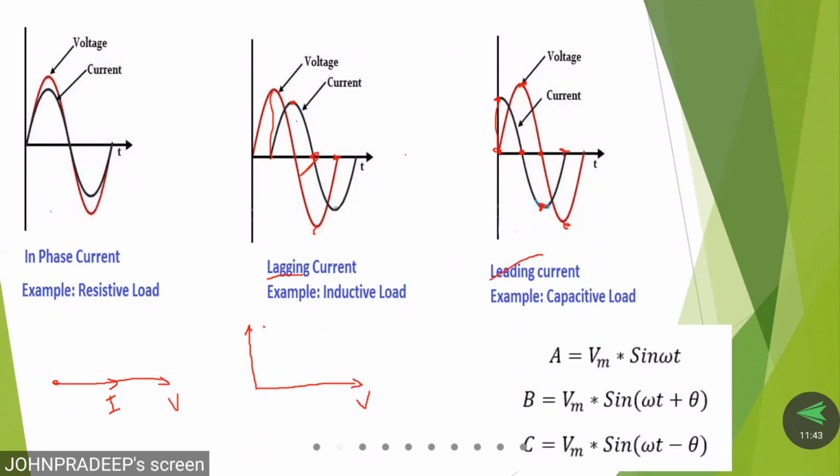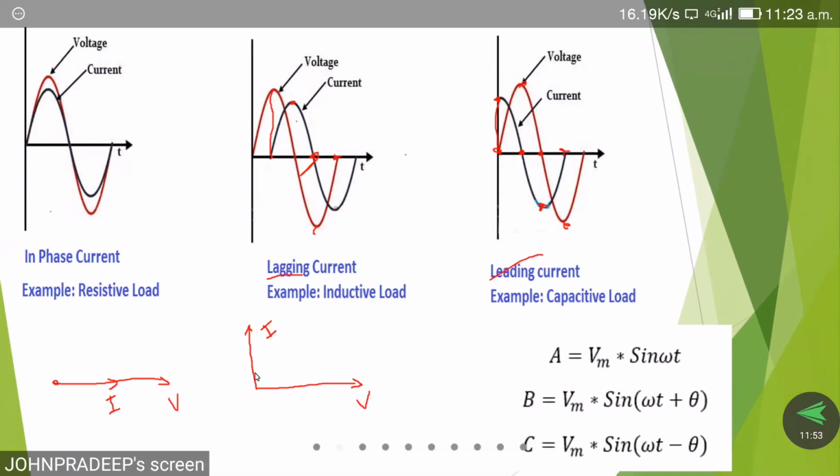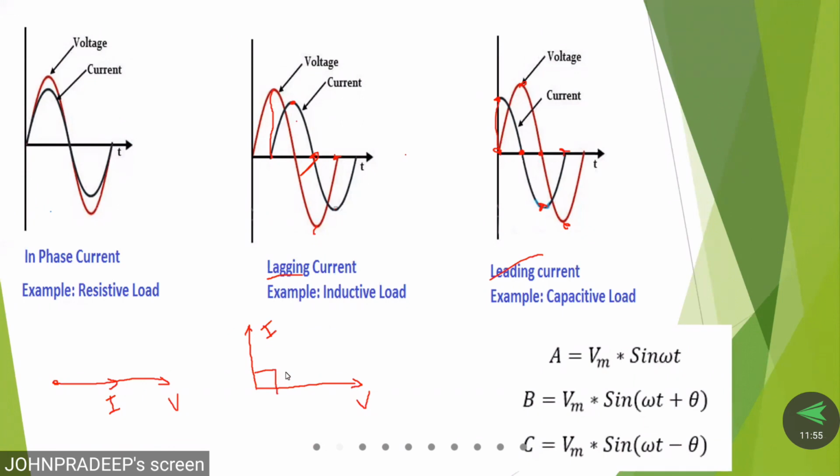The current I value lags with an angle of 90 degrees from the x-axis, which means the voltage is leading the current by an angle of 90 degrees. So this is the representation for lagging.